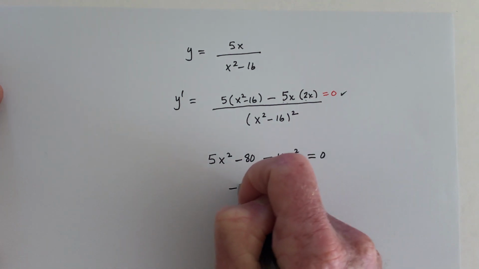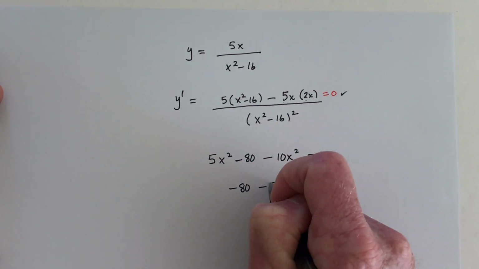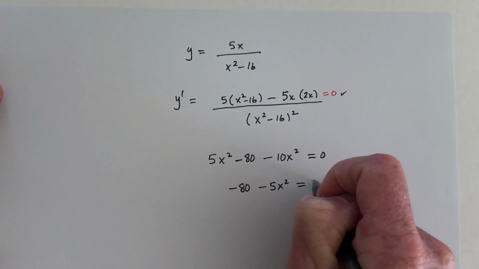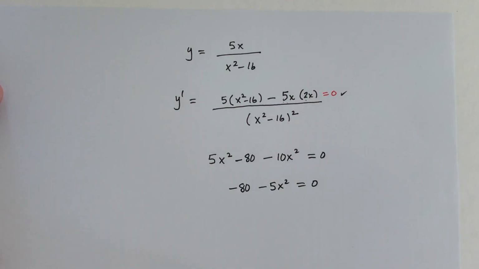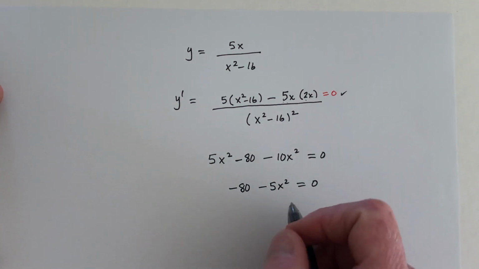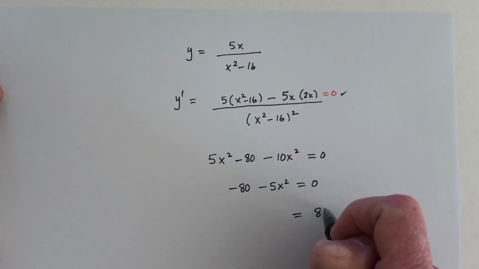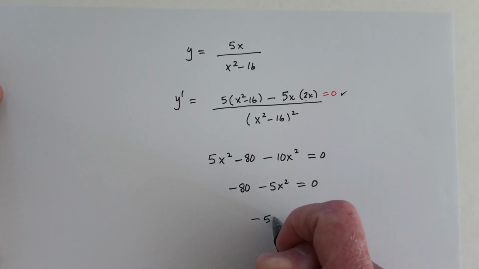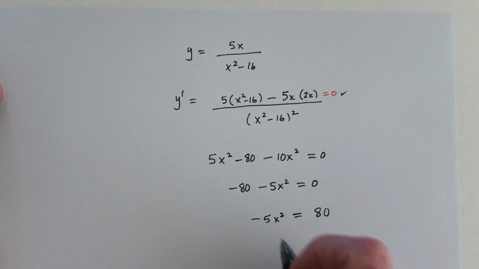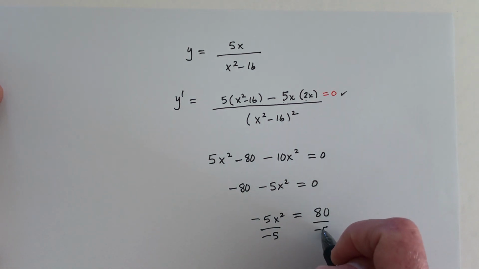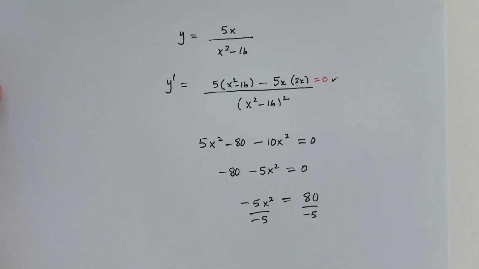So negative 80 minus 5x squared equals 0. And then if I move the 80 to the other side, it's going to become a positive 80. And then divide both sides by -5. And this is going to be a -16. X squared equals a -16.